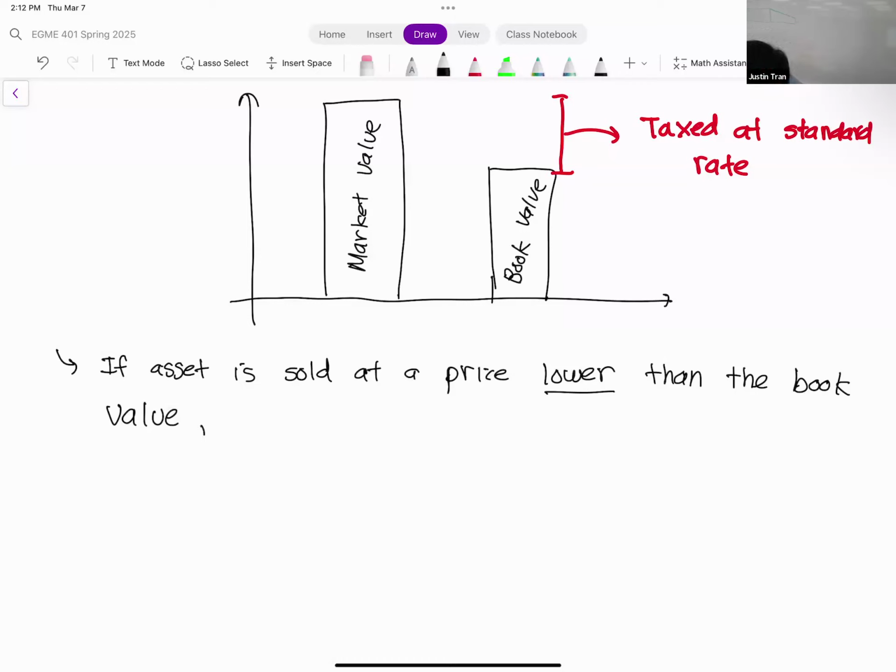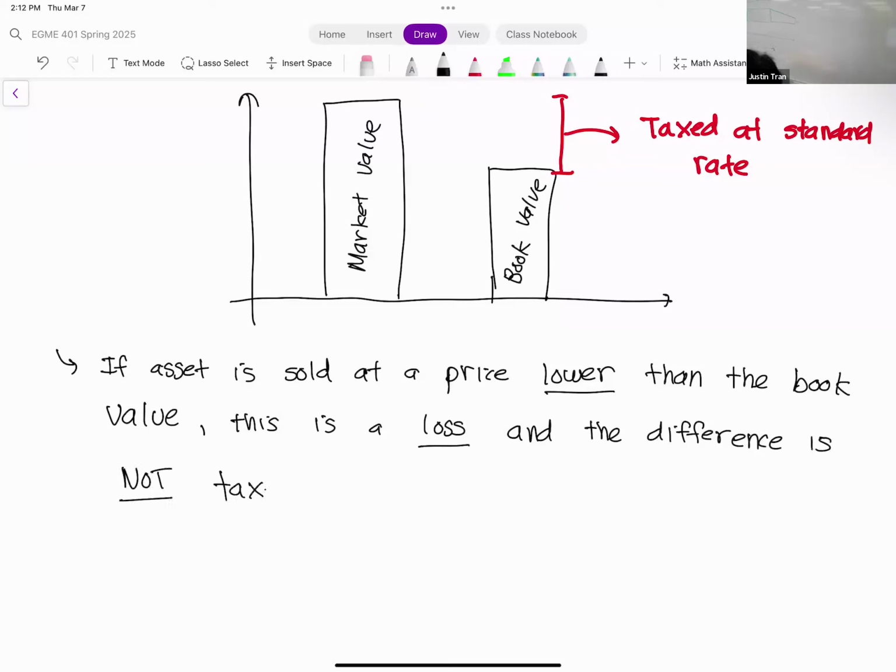Then this is called a loss. Okay. And in that case, the difference is not taxed. Okay. So the government catches you a break there. So you made a bad investment, you sold something for a really low price. They're saying, all right, we're not going to double punish you. You already ate the loss already. Okay.